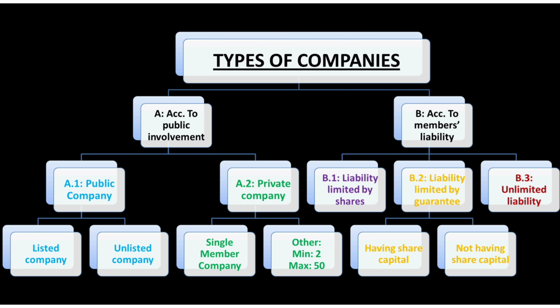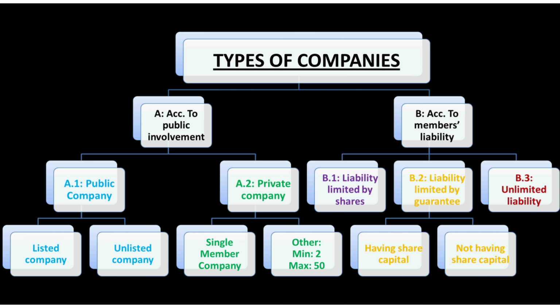And I've contrasted this with the other situation, that is B2, which is the situation where a company is limited by guarantee. And in that same video, I've contrasted B1 and B2 type companies, that is companies where the liability is limited by shares and companies where the liability is limited by guarantee.